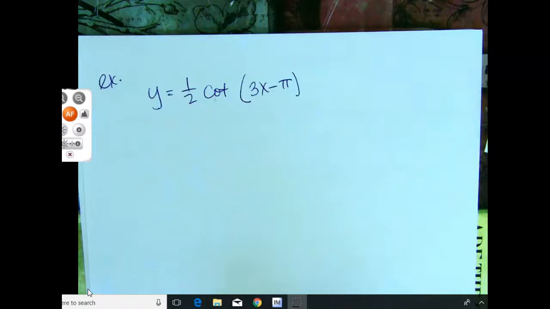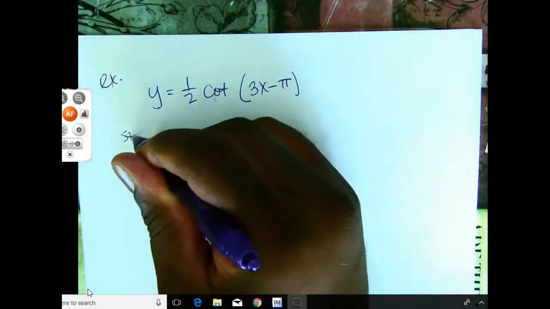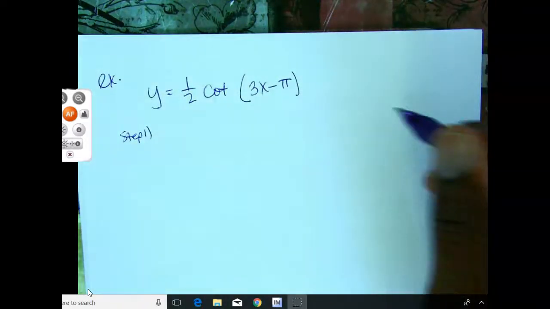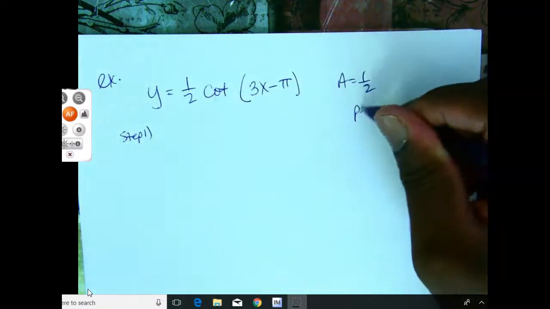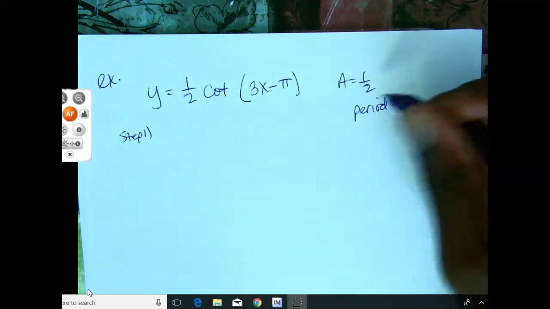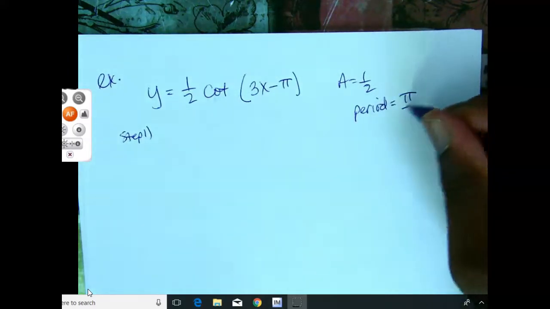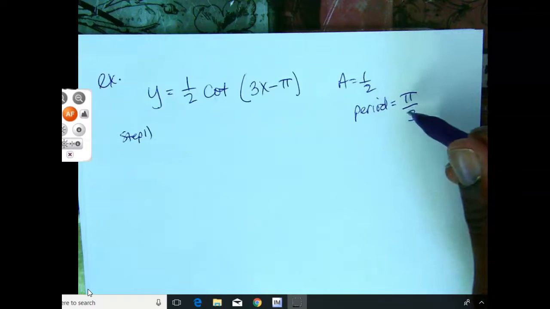Okay, so here, step 1. So by the way, a is 1/2, and our period is going to be pi over b, so pi over 3. So that's going to be our period.